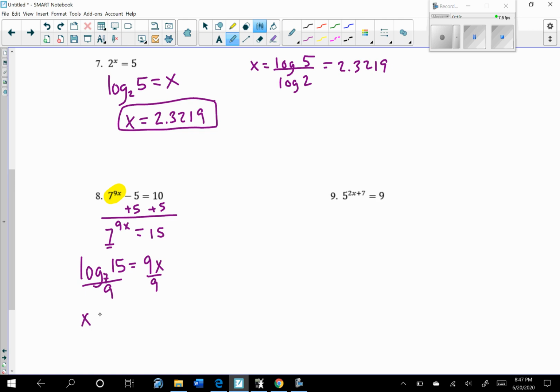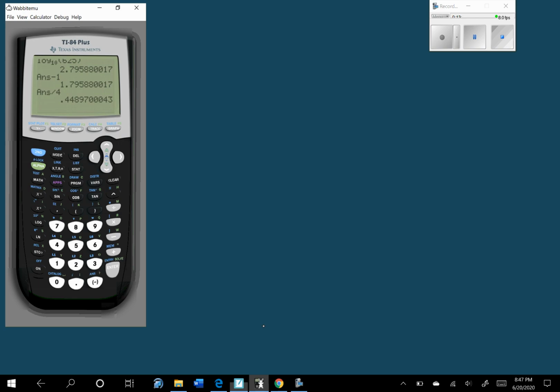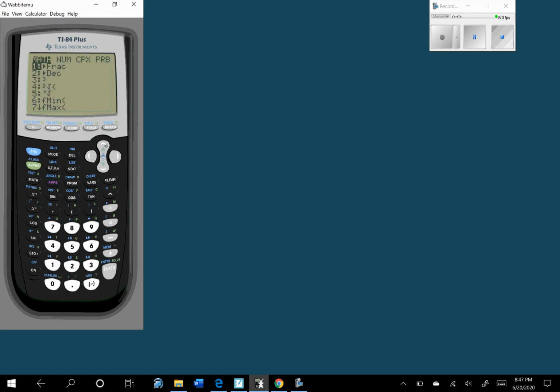So if I was plugging this into my calculator, again, we want to go to math. We can use that log base. So math log base, what was it? 7 of 15, enter, divided by 9, and that gives us 0.1546. Or if you need to use a change of base formula, you can.